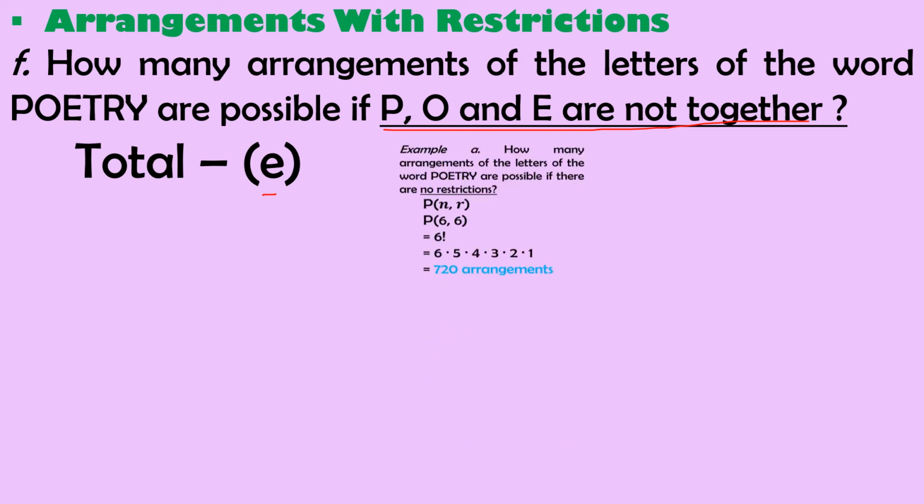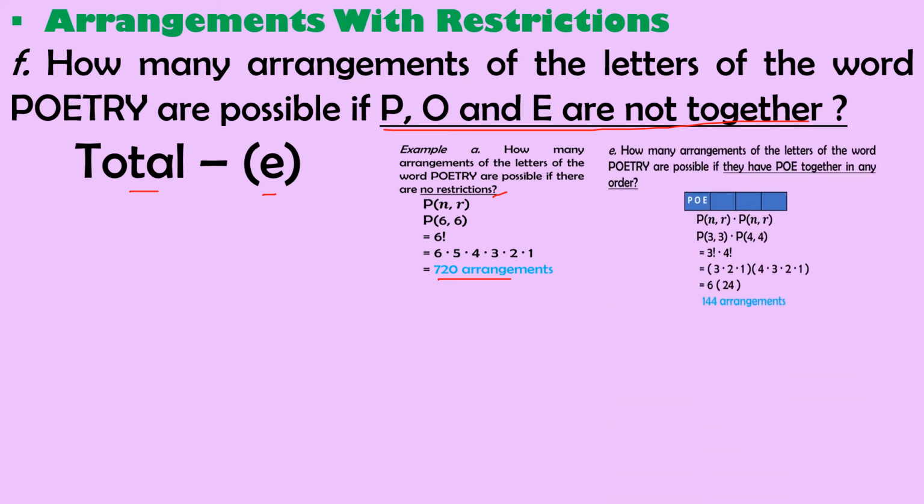So for letter A, we have 720 arrangements, or our total, without restriction. And for letter E, we have POE together in any order. So this is somehow the opposite of our problem letter F. The answer is 144 arrangements. So simply subtract 144 from 720.